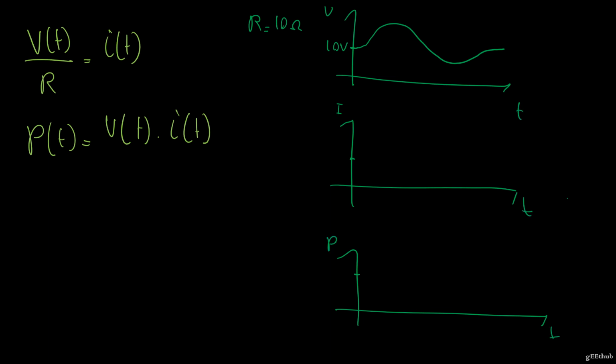So I can still use Ohm's law, and I can say I is equal to V over R. I can choose a couple of points on this graph and divide by the resistance, which is 10 ohms, and get the following.